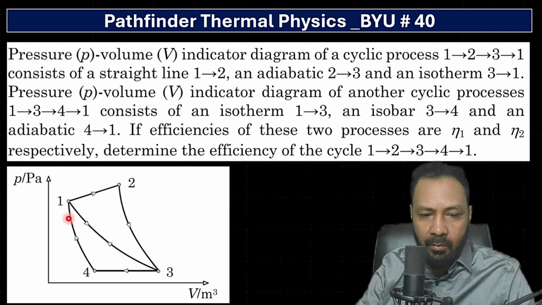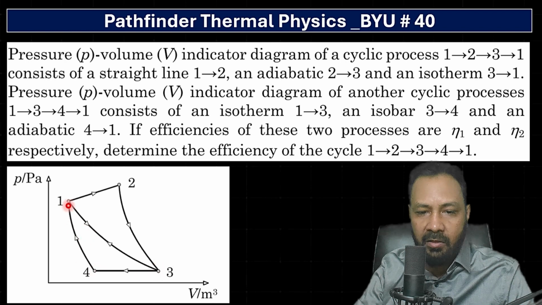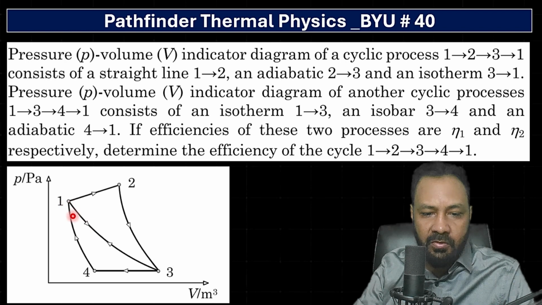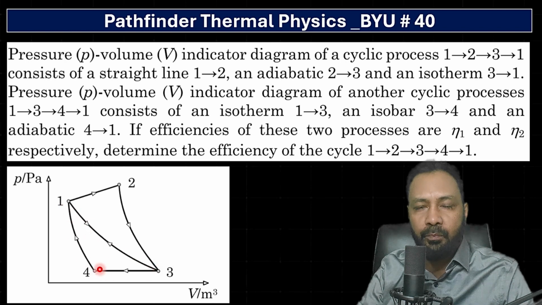And there is another cyclic process 1 3 4 1, and this consists of this isotherm. This isotherm is common to both cycles. This is an isobar, and this again is an adiabat. Efficiency of the cycle 1 2 3 1 is eta 1, and efficiency of the cycle 1 3 4 1 is eta 2.